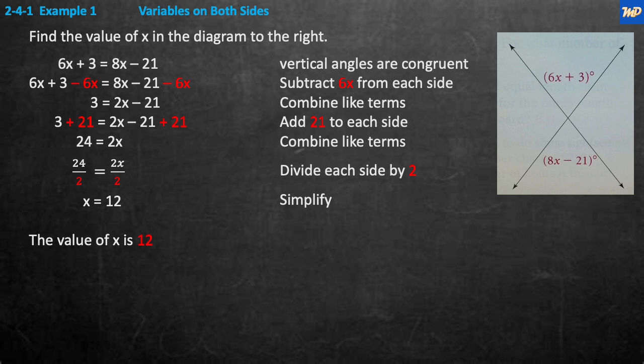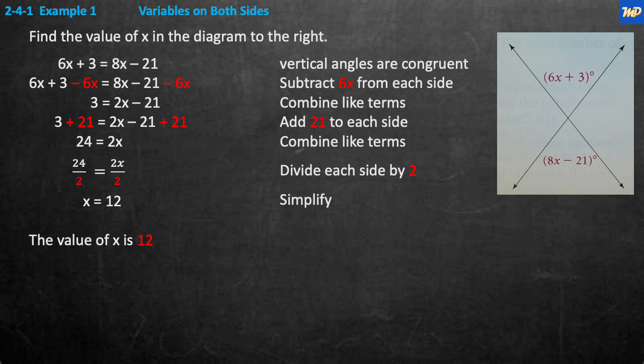Okay, example 1, variables on both sides. Find the value of x in the diagram to the right. This is saying that these cross lines form opposite angles, or vertical angles. Vertical angles are congruent, so we're going to write the equation formed by this diagram.